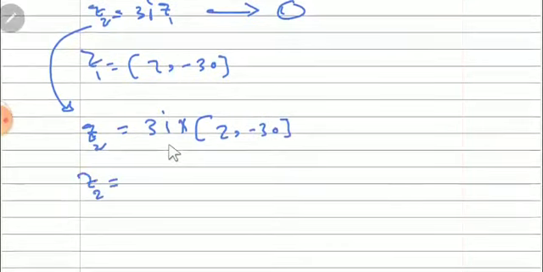Z2 equals. This is in polar form, but this is in algebra form, and let me tell you something: they must be the same. In algebra form, all of them, or in polar form, all of them. So the easiest way is to turn this to polar form.